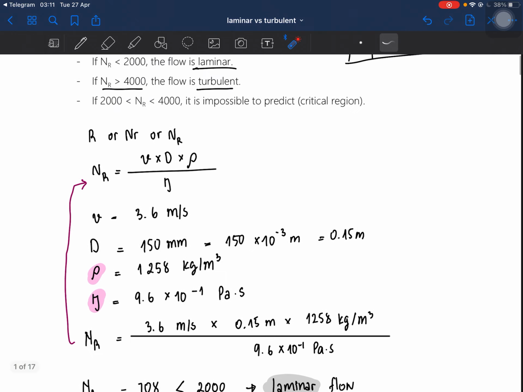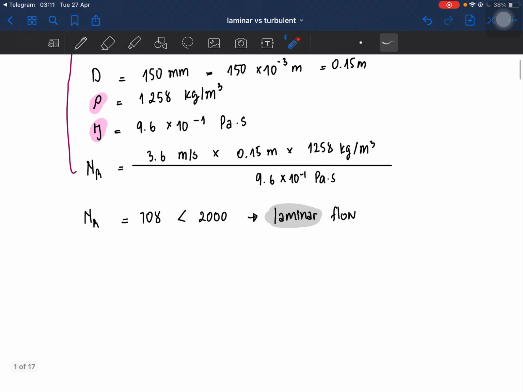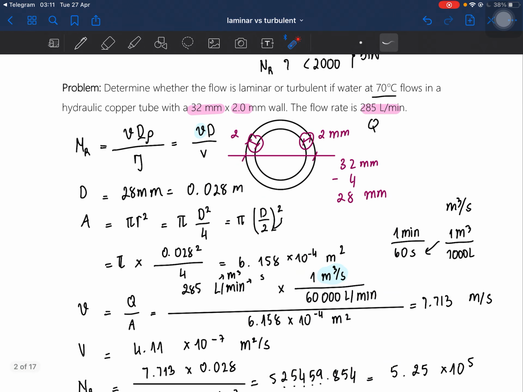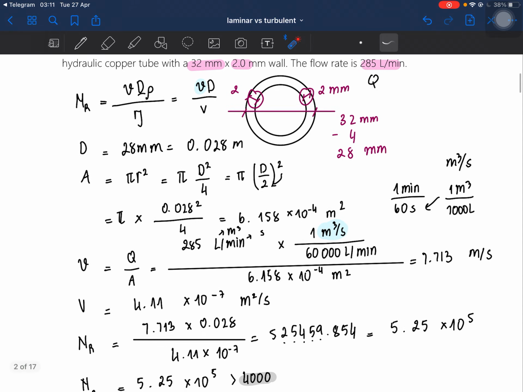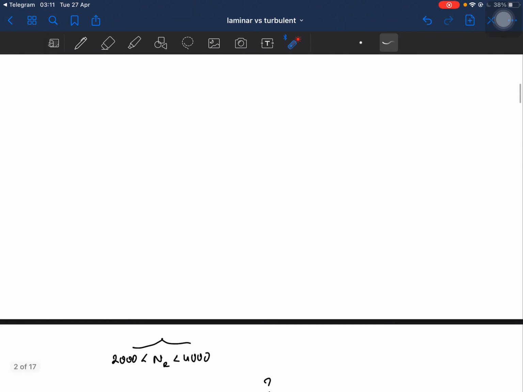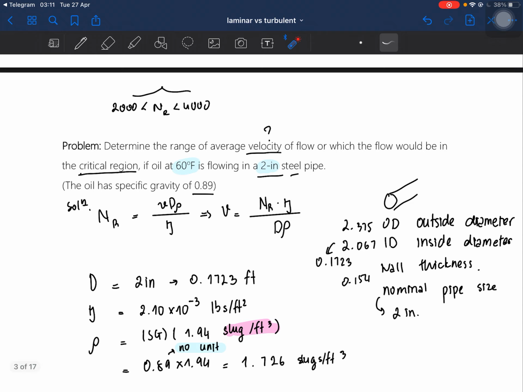Now we have this formula for the Reynolds number, and another formula for the Reynolds number where we use viscosity, eta, instead of density rho. The symbol name is eta, right? In this case we only find the Reynolds number to determine the type of flow.